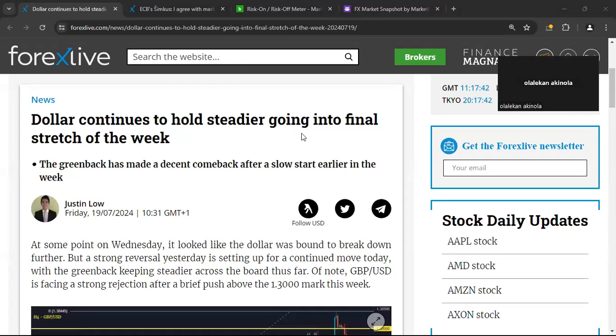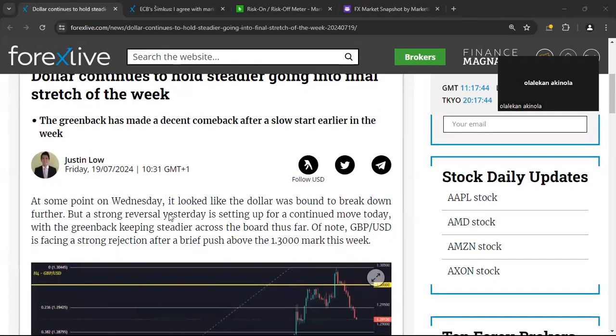At some point on Wednesday, it looked like the dollar was bound to break down further. You know, the dollar lost so much in recent times. We've seen a couple of bad data from ISM, ADP, and NFP was also poor. And then we had CPI also falling a little bit lower. And then we also had some dovish Fed alongside.